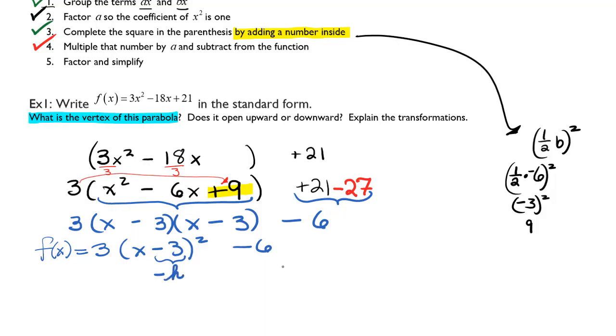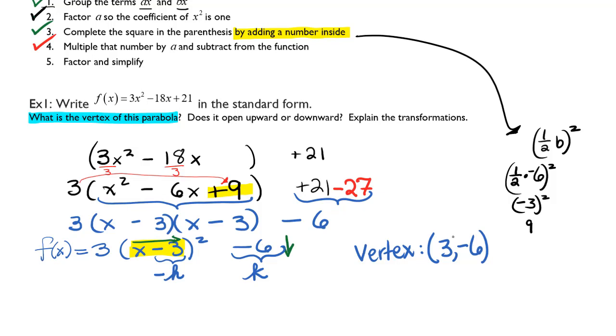And I know that the -6 is my k, which means my coordinate for the vertex is at 3, -6. And if you think about the transformations, this x minus 3 means my parabola has been shifted to the right 3 units. And it's been shifted down 6 units because of the -6.